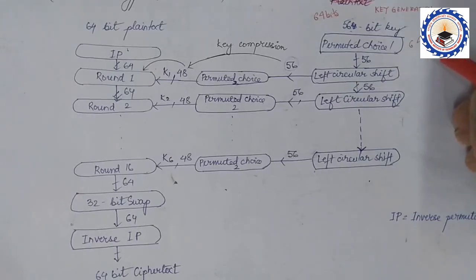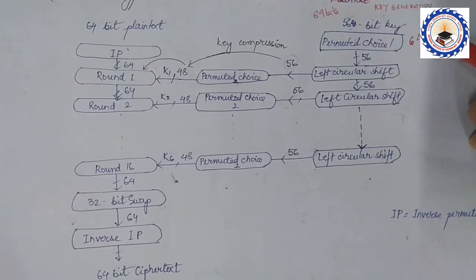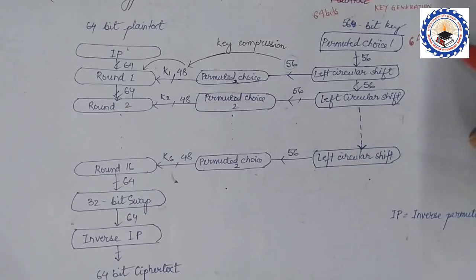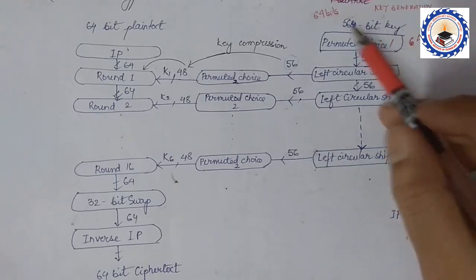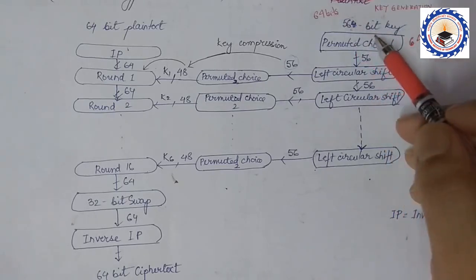If you know what a parity bit is, every 8th bit is removed. So 64 minus 8 gives us 56 bits, and that 56 bits we are using for the early key generation steps.